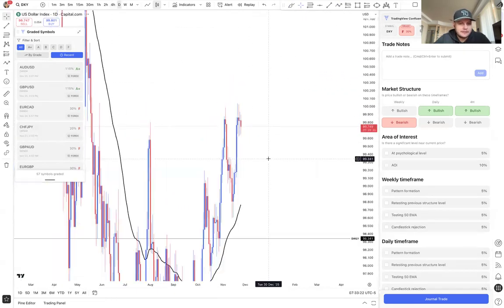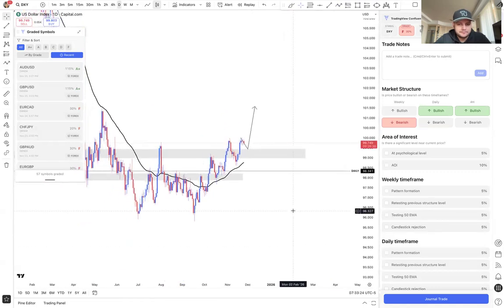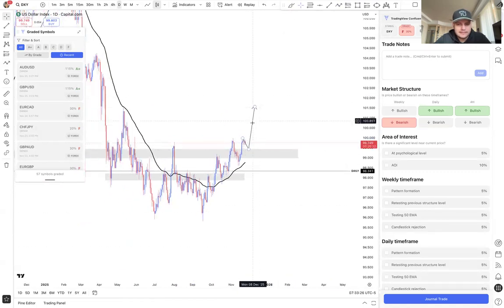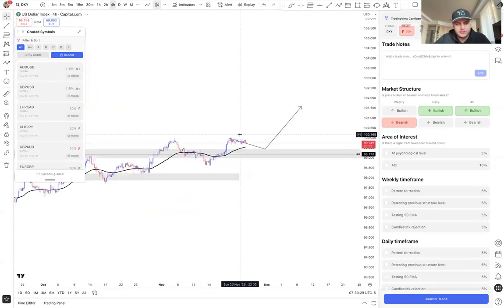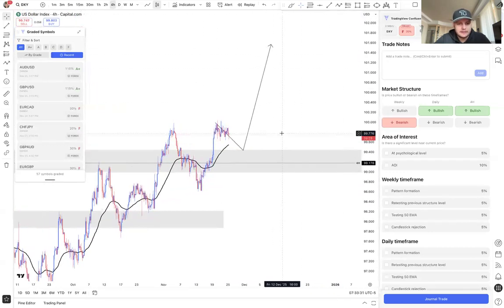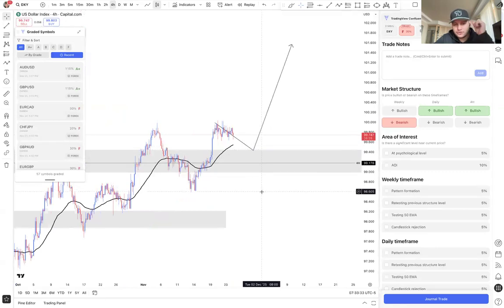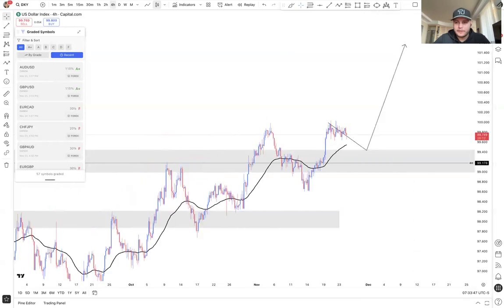At this point, we'll probably see price continuing to go higher, but we're still waiting on that price to reject the area of interest and the EMA, both of those things. All right.